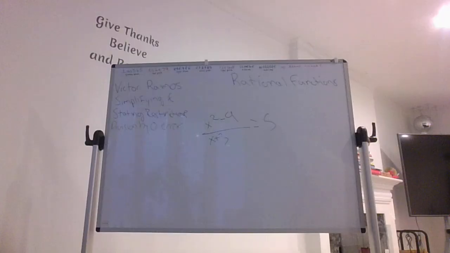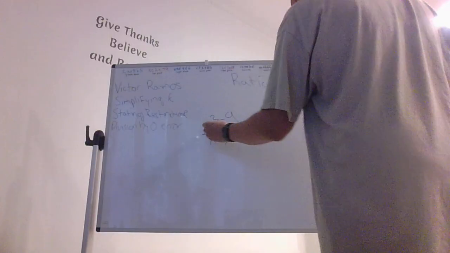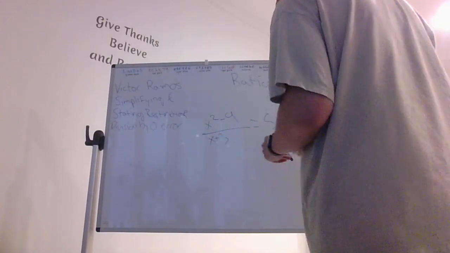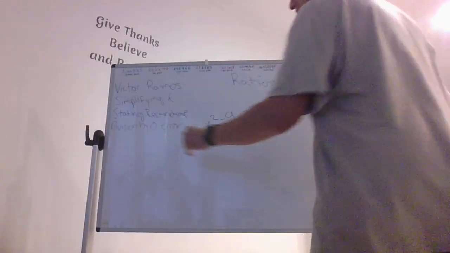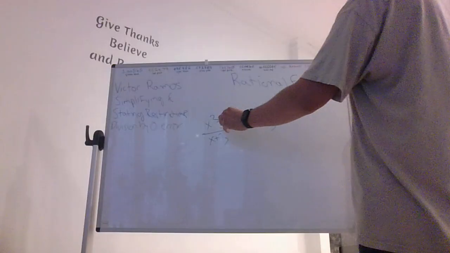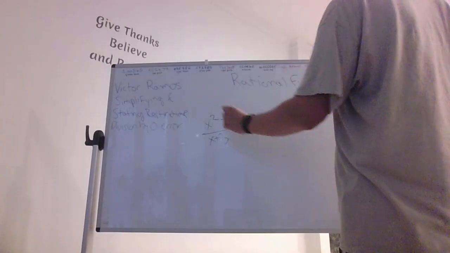Now with this, you have to be able to factor this so that you'll be able to eliminate the polynomial on the other side without having a division by zero error. So, what factoring do you think can work that can also eliminate the x plus 3?